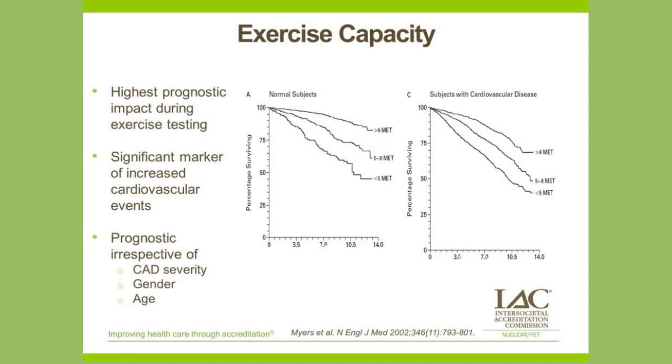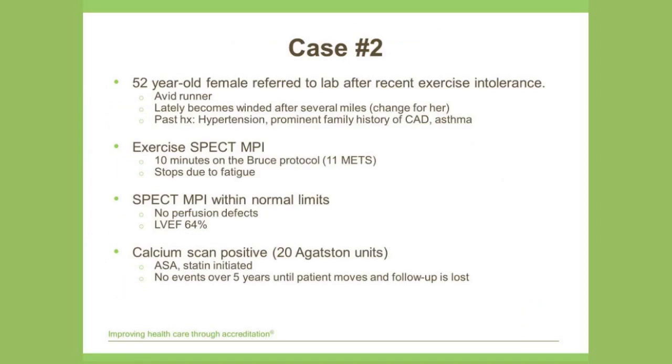They've separated this out into normal subjects and those with cardiovascular disease, and you can see differentiation in both groups. There are some differences. Certainly the group with cardiovascular disease that achieved a high workload appears to have a more rapid increase in events over time. But this is a very powerful prognostic marker. So an abnormally low exercise capacity is very prognostic.